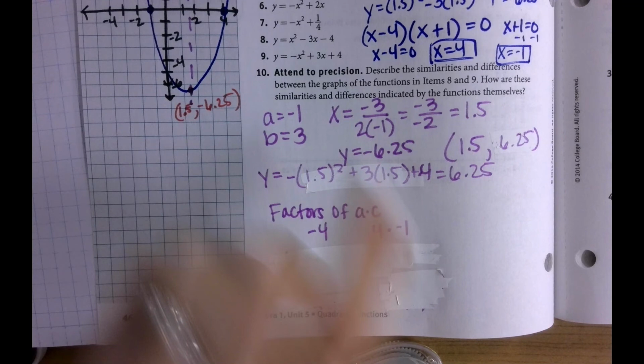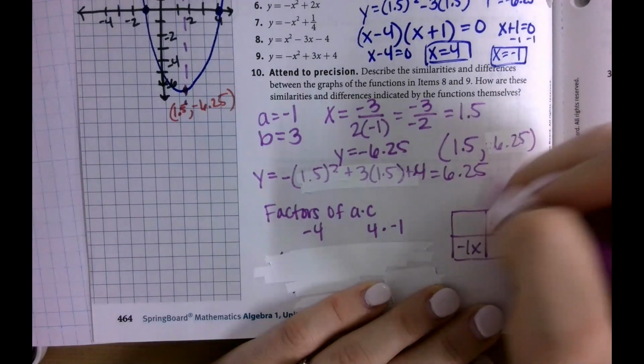So I'm going to do the box method, because a is not equal to 1. A is negative 1, so I want to work backwards. Negative x squared here, and then positive 4 here.